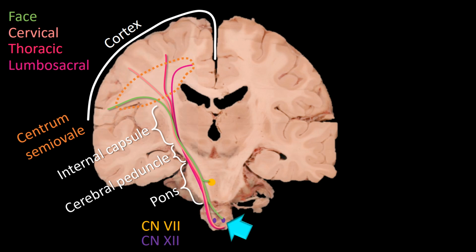So does the left hypoglossal nucleus and the right hypoglossal nucleus. Notice that just below the hypoglossal nuclei, the fibers for the cervical, thoracic, lumbosacral regions cross to the other side.